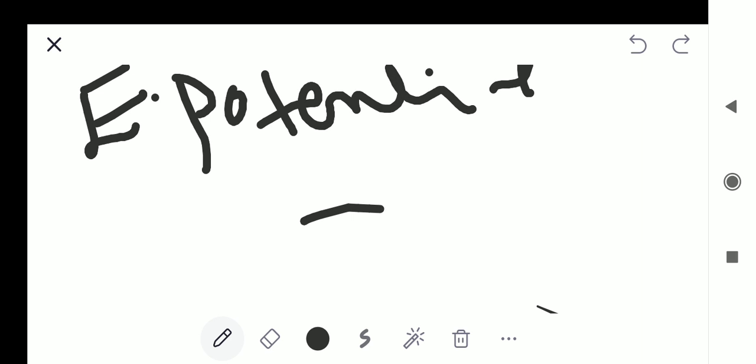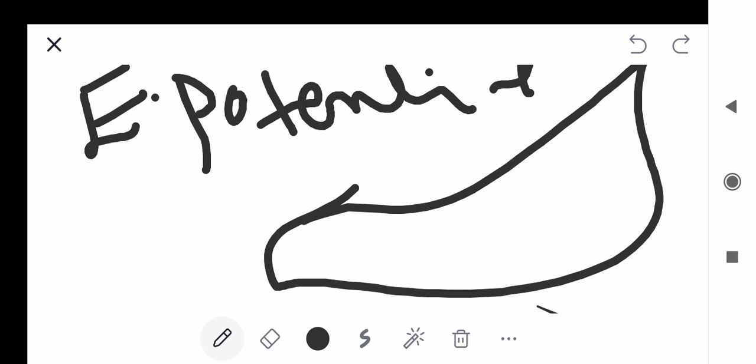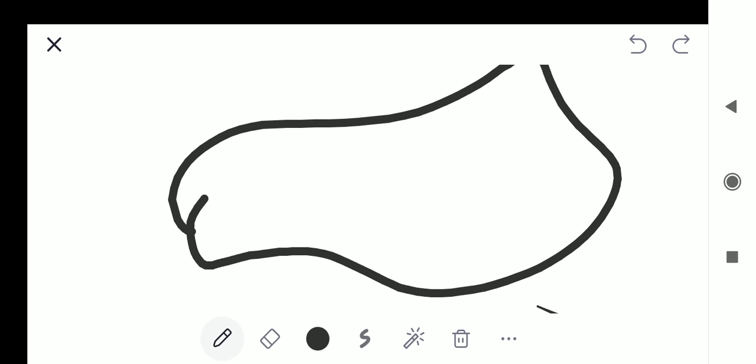Coming to electric potential. What do you mean by electric potential? Simple one. Again, we consider the same electric field, where force is there, where charge is there.